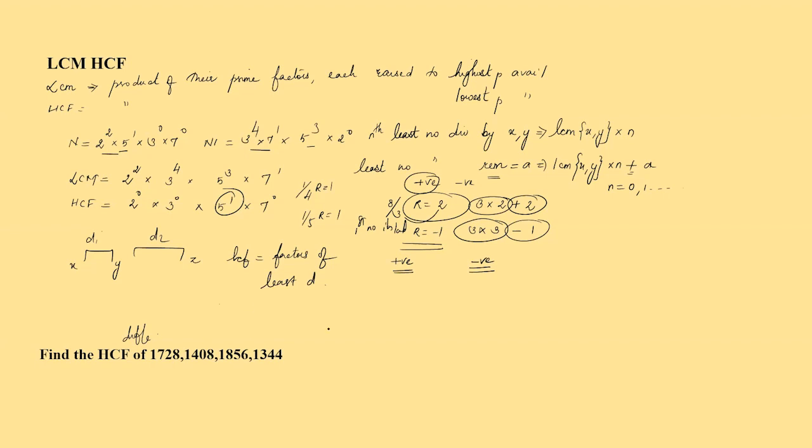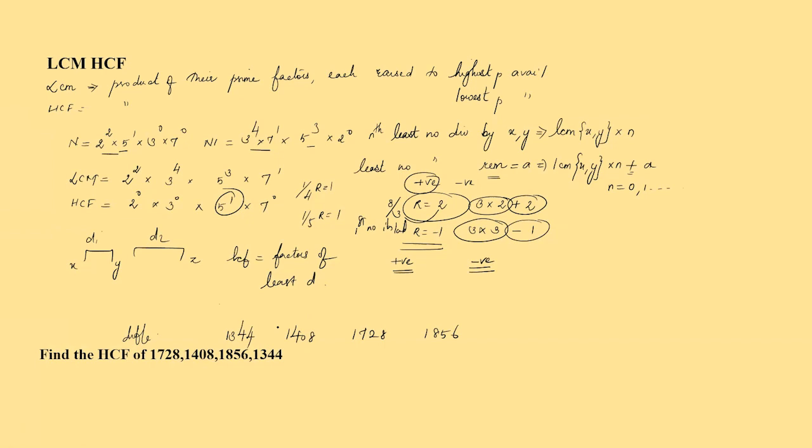So first of all, let me arrange these numbers here in ascending order. The first number that is going to be here is 1344, correct? Then after that I have 1408, then I have 1728, and then I have the number 1856. So start getting the consecutive difference between these numbers.